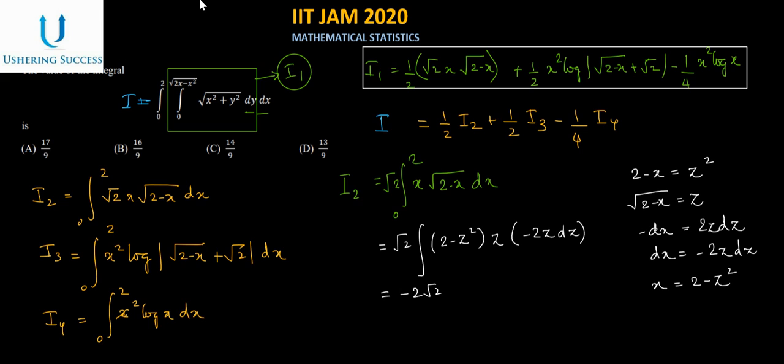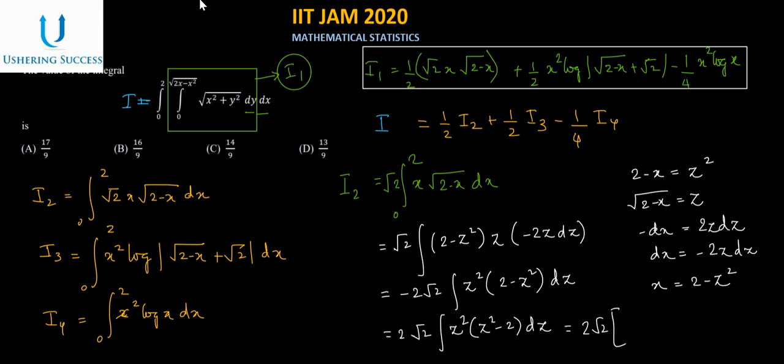or we can write this as minus 2 root 2 integral of z square into 2 minus z square dz, or this can be written as 2 root 2, and I reverse the sign here, z square into z square minus 2 dz, or this will become 2 root 2 into integral of z4 dz minus 2 integral z square dz.